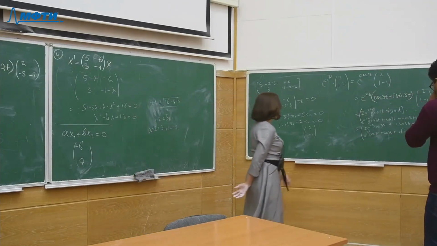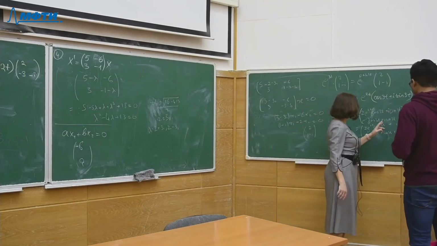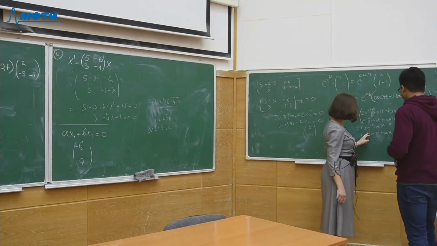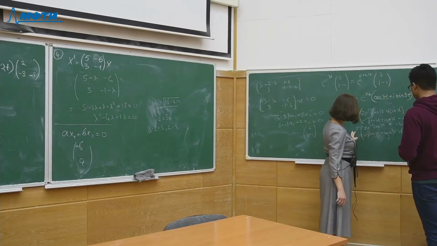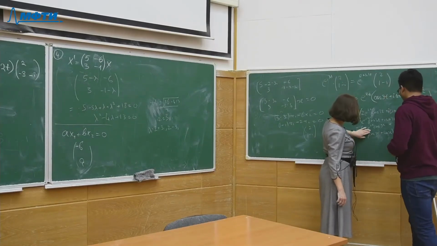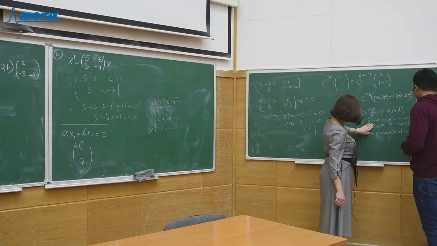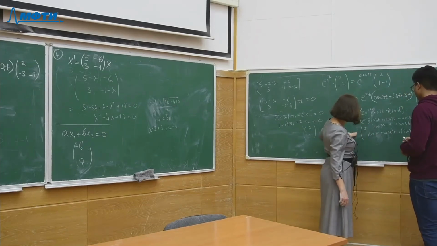Maybe each of the terms must be multiplied by e to the power 2t, or you may take it out of the vector. Oh, exactly. So divide by e to the power 2t, and write it here.